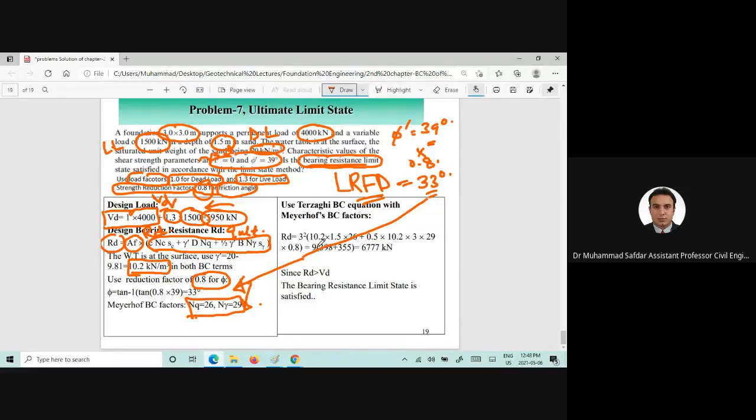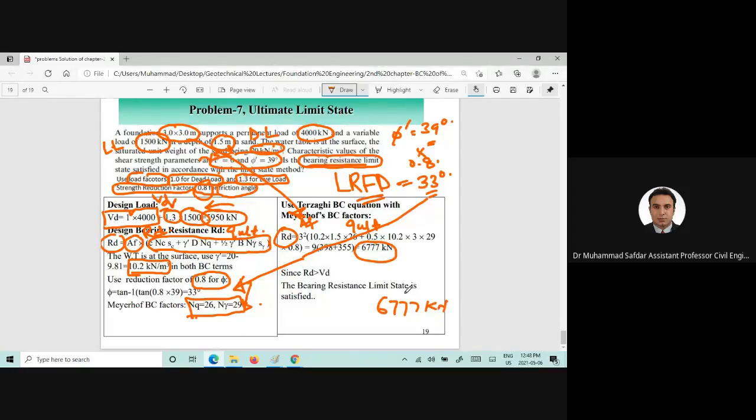Then, using q ultimate from Terzaghi's bearing capacity equation, you come up with the RD value, which is 677 kilonewton.